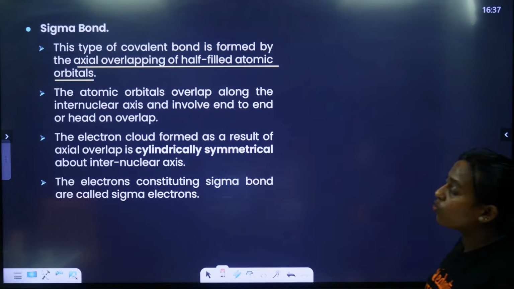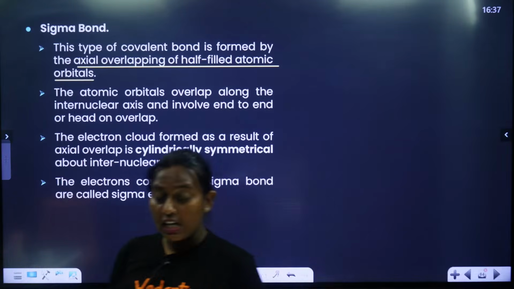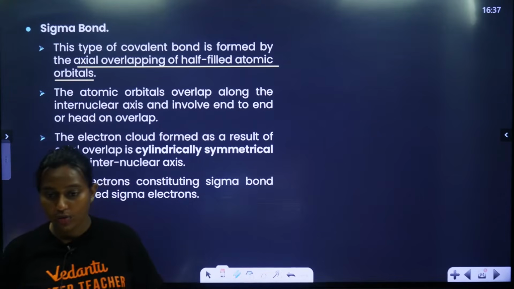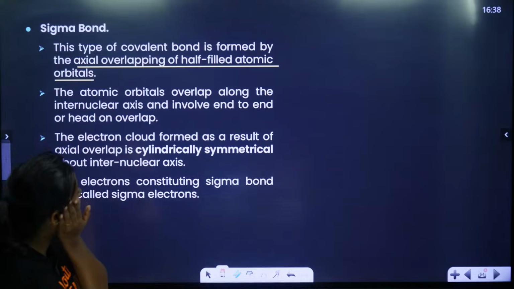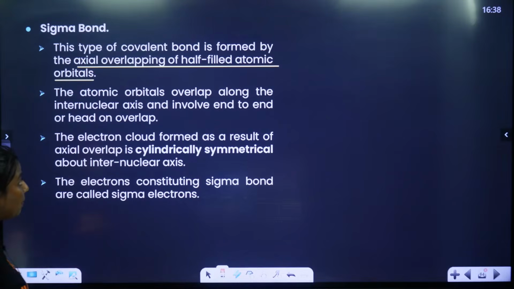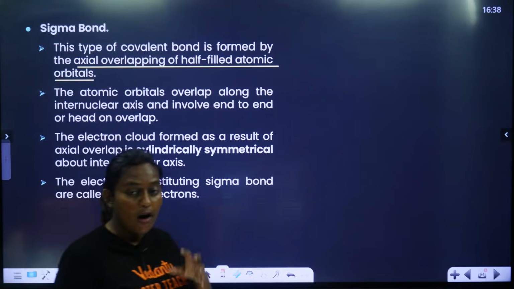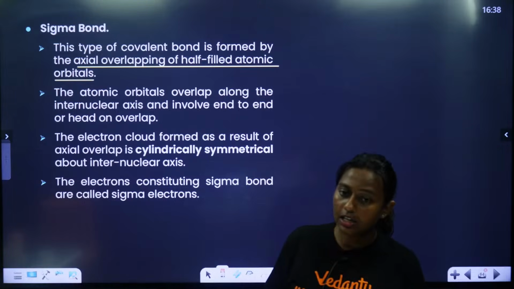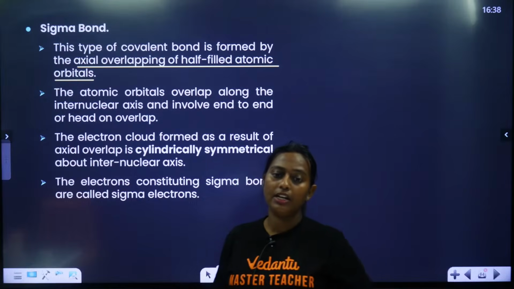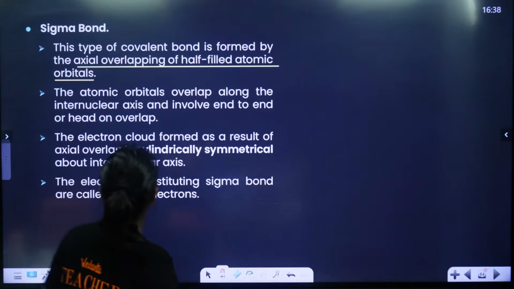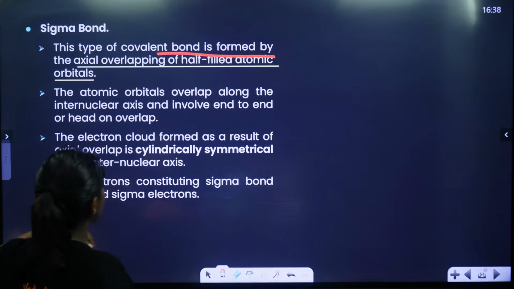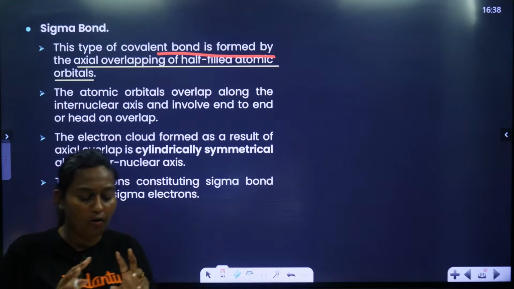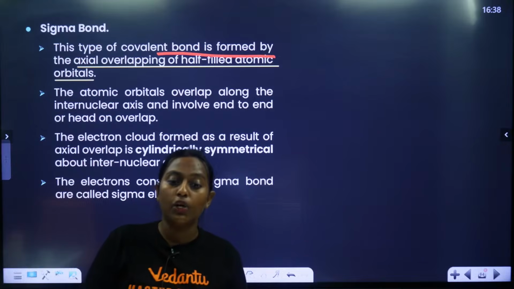So here you can see what is a sigma bond, and how a sigma bond will form. This type of covalent bond is formed by the axial overlapping of half-filled atomic orbitals. There are two different types of overlapping: axial overlapping and equatorial overlapping.